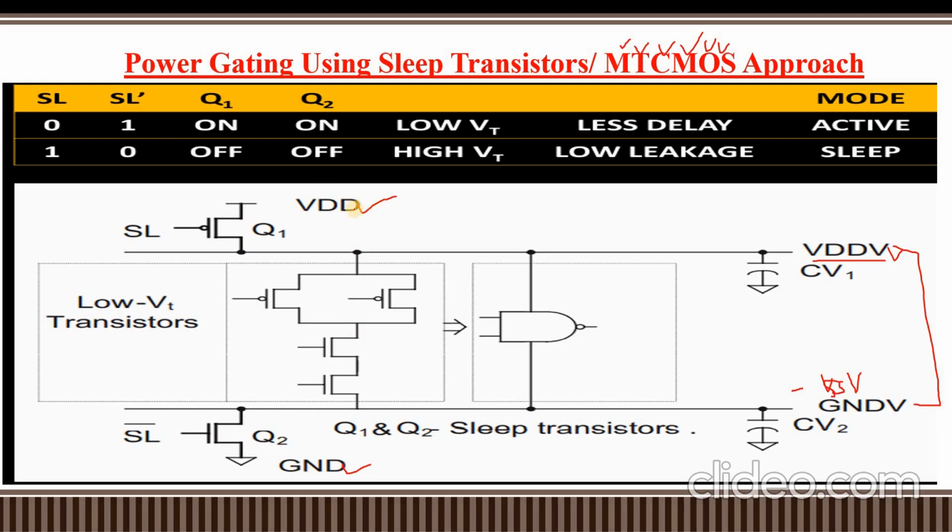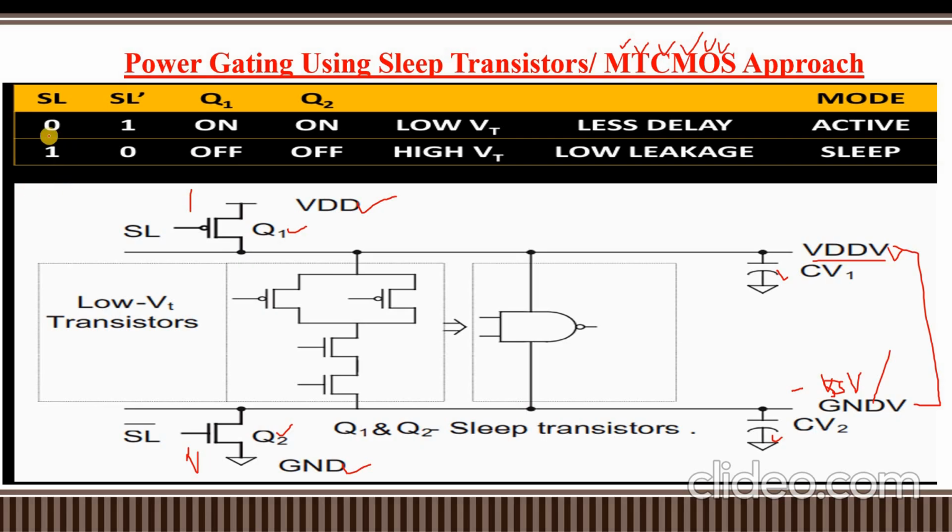VDD and ground are the supply voltages, and VDDV and VSSV are auxiliary voltages. These two are load capacitances respectively. Q1 and Q2 are sleep transistors: Q1 is a PMOS and Q2 is an NMOS.